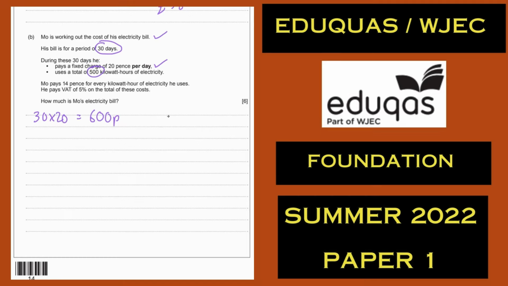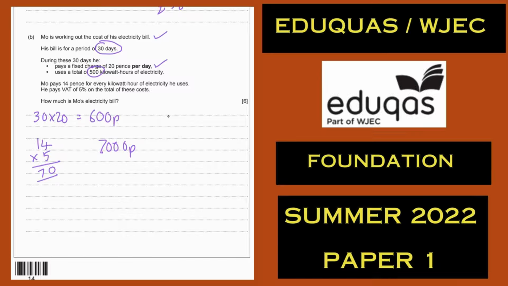Mo pays 14 pence for every kilowatt hour. Again, stop. If you want to work out 500 times 14, your best way is 14 times 5. And then, as you'll always do, stick 2 noughts on. So the 70 becomes 7,000 pence, because I'm sticking to pence because I've started in pence.